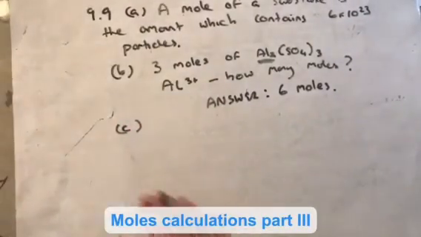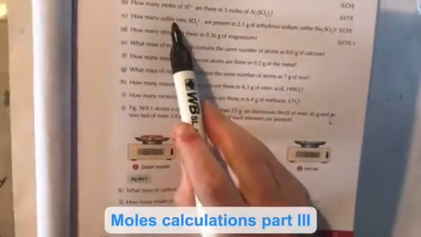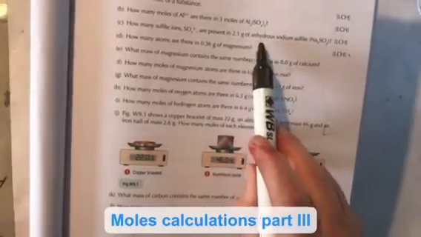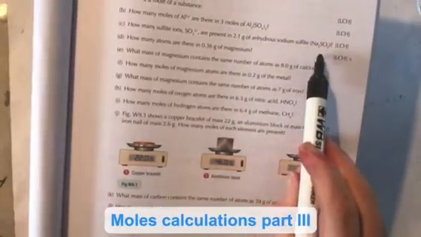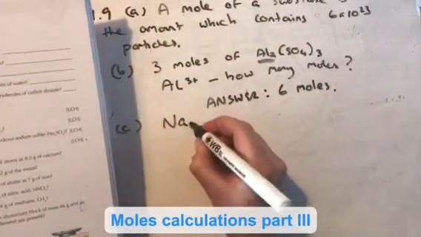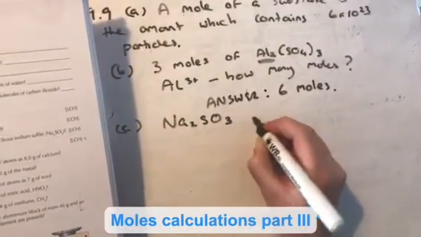C is a very similar question to that one, again from a Leaving Cert question. How many sulfite ions, SO3 2-, are present in 2.1 grams of anhydrous sodium sulfite? So part C: Na2SO3.